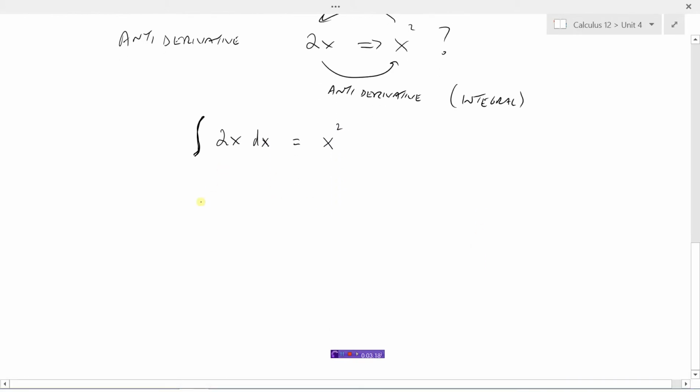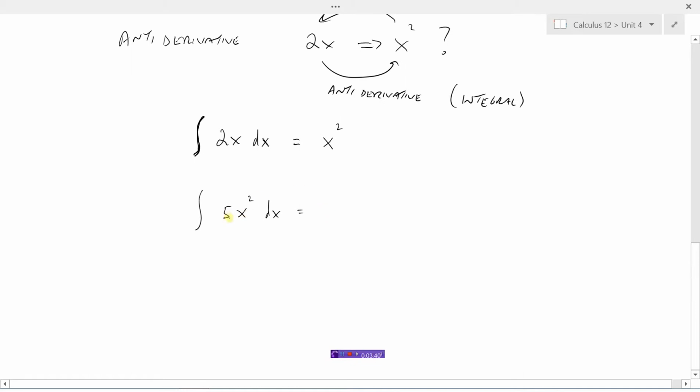Let's just do a couple more here. Say we had this one, 5x squared with respect to x. So we'd have to ask ourselves, what would the derivative of this be? Or what would be the original function such that when we took the derivative, we would get this?